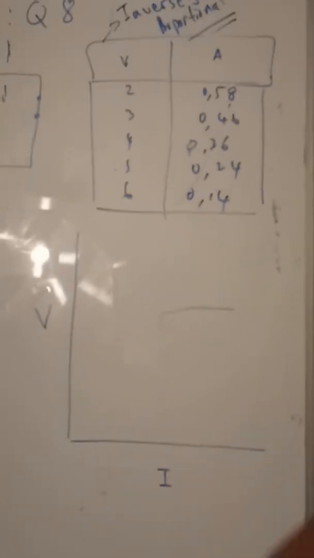Now, on the graph paper that they give you, the voltage is on the y-axis and the current is on the x-axis.